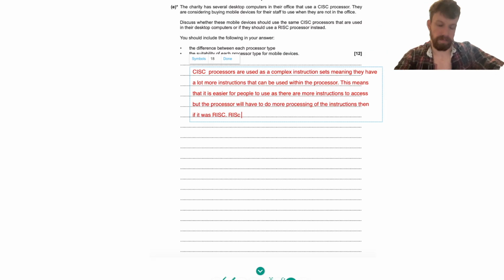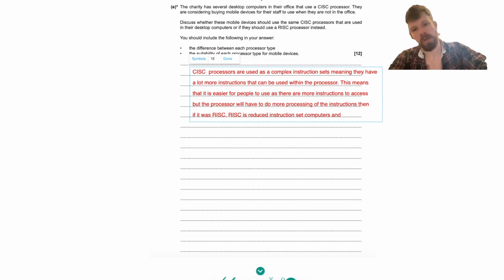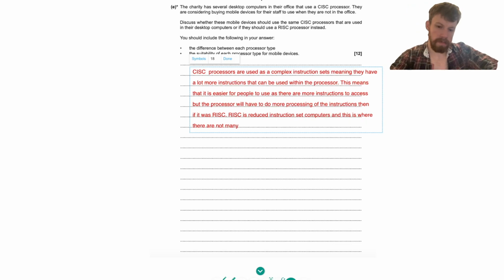And then what I would do is follow on to talk about RISC. I'd say RISC is reduced instruction set computers, and this is where there are not many instructions that the computer uses.